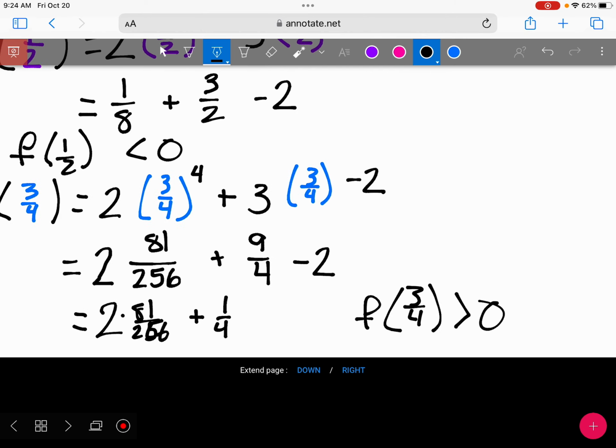So since f of 1/2 is less than 0 and f of 3/4 is greater than 0, somewhere between them is a 0.